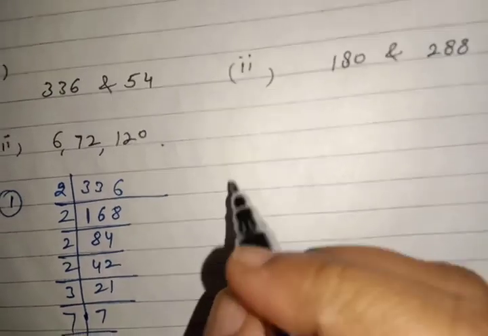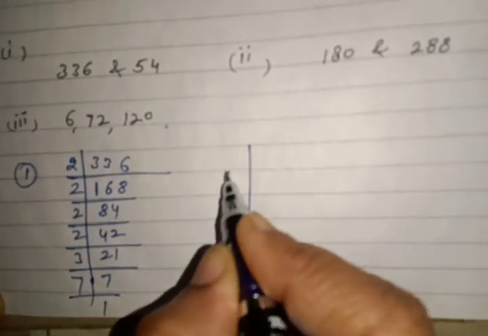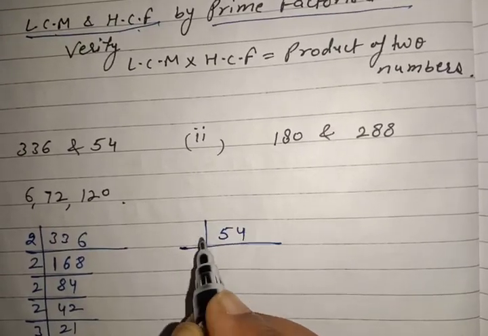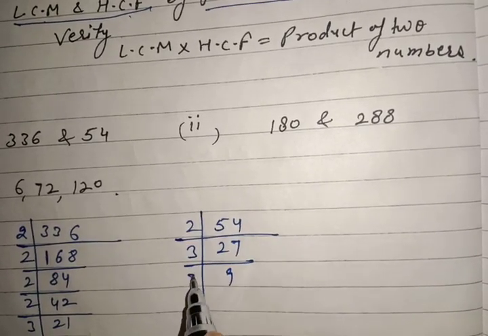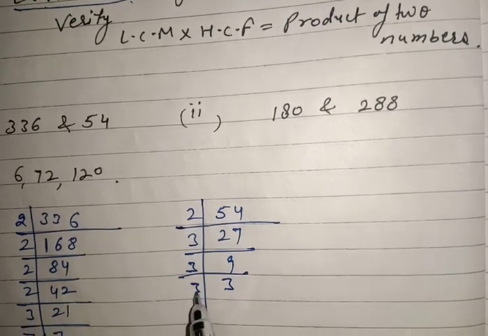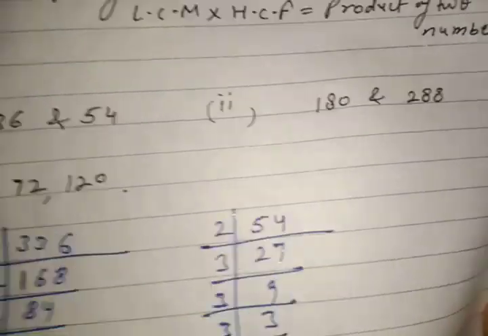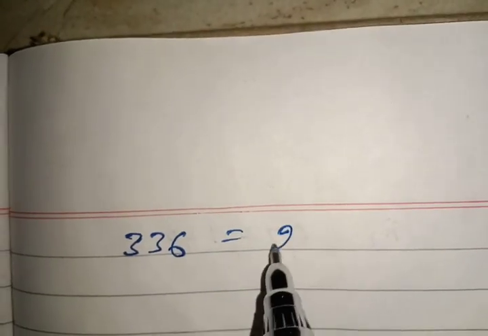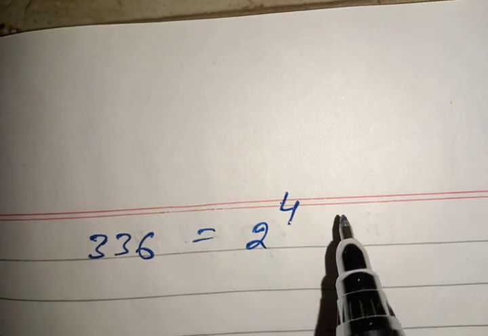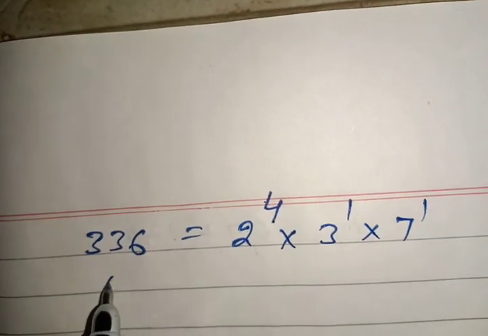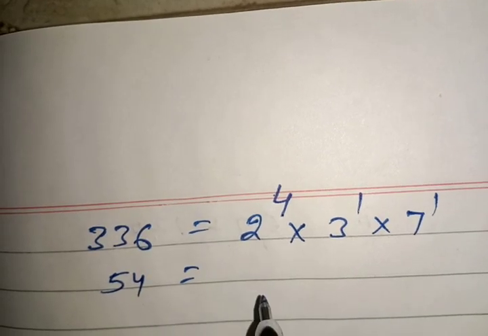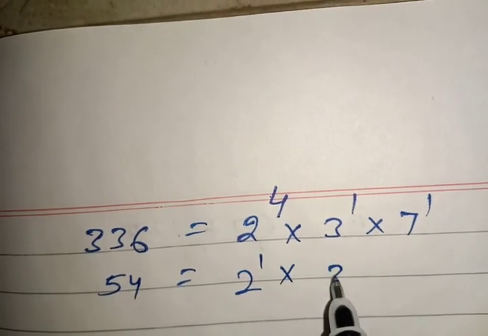These are the factors of 336. Then the factors of 54. We start with 2, get 27, then 3, then 3. Very simple things. Then the factors of 336 we got: 336 is equal to, in terms of powers, 2 raised to power 4, 3 power 1 and 7 power 1. And 54 can be written as 2 power 1 and 3 power 3.